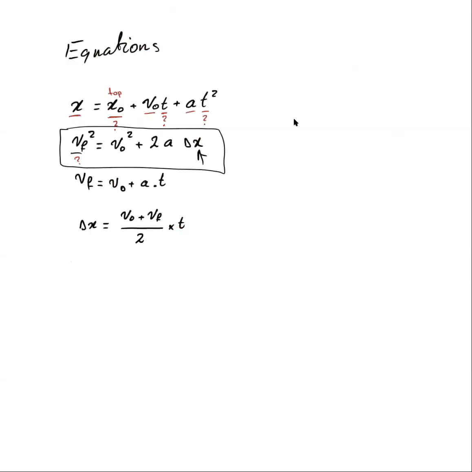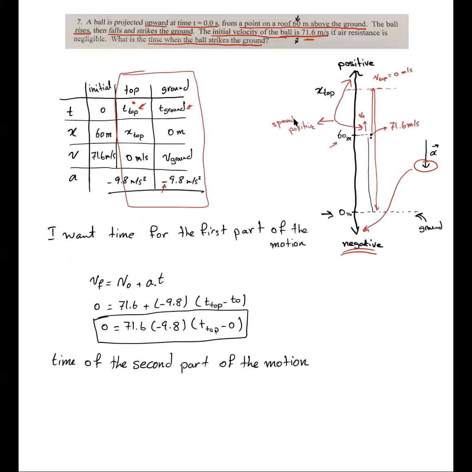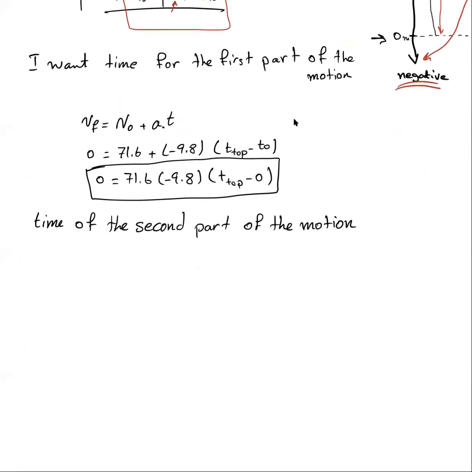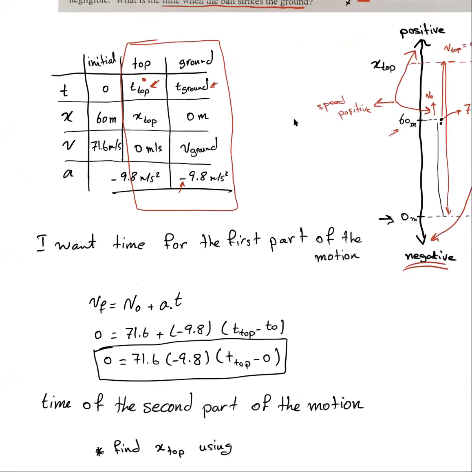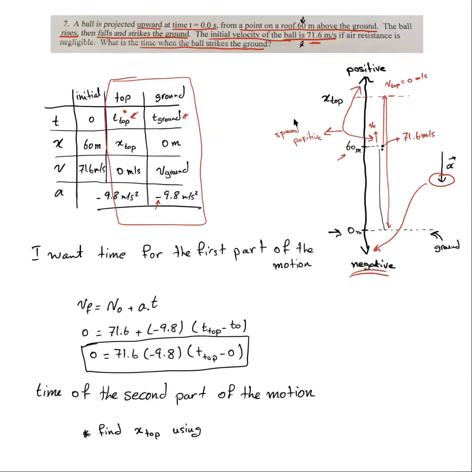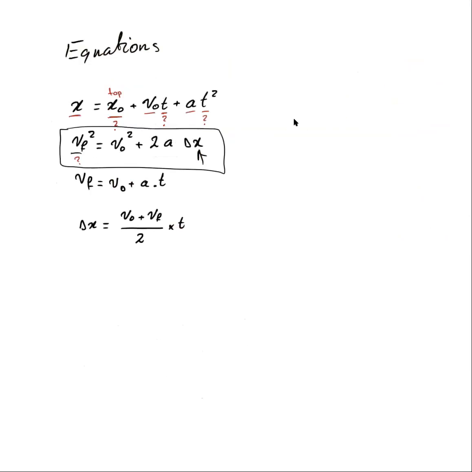So let me outline that real quick, and we'll wrap up this session. For this part, we need to find x top using information from the first part, and that will be the equation we will be using.